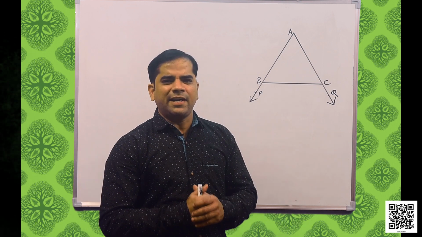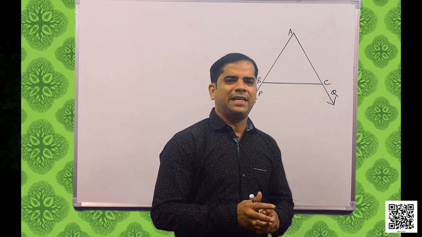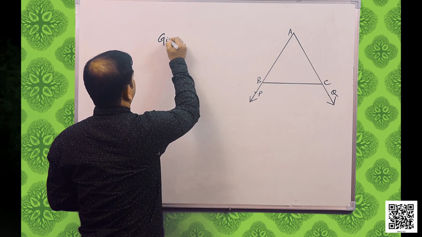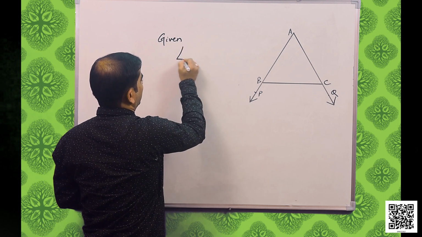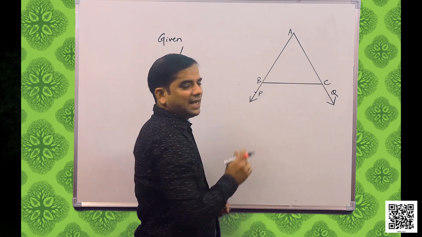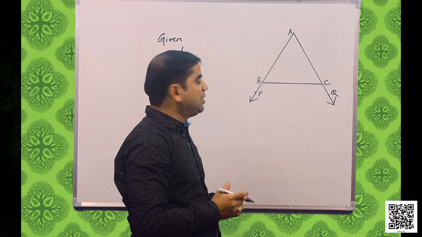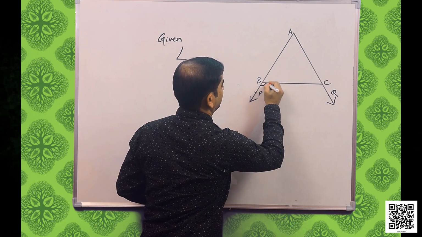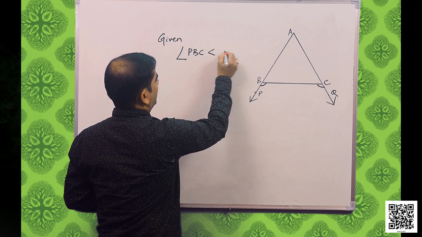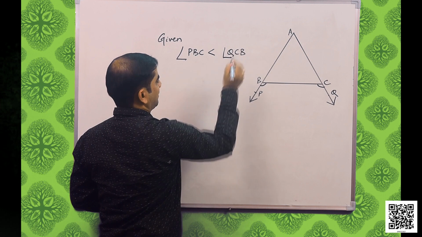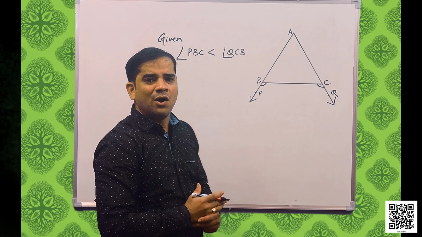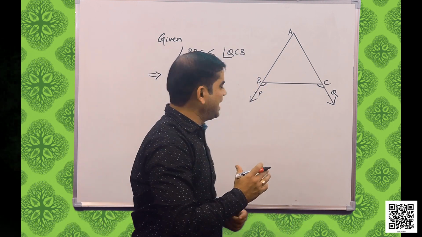Okay? What is given? Given that angle PBC is smaller than angle QCB. It is given that angle PBC, that means this angle PBC is smaller than angle QCB, these two angles. Okay. Fine. That implies 180 degree minus angle ABC.